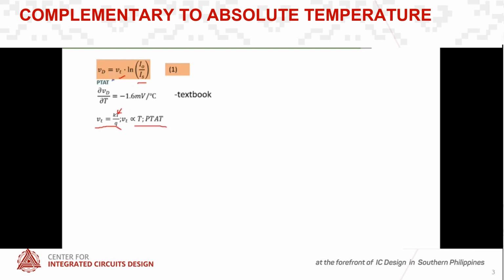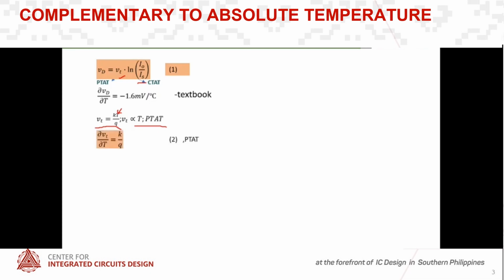But how can we say that this diode voltage is a CTAT? As we know, the term of the natural logarithm of IO over IS is a CTAT. How does it become CTAT? We will discuss it elaborately later.